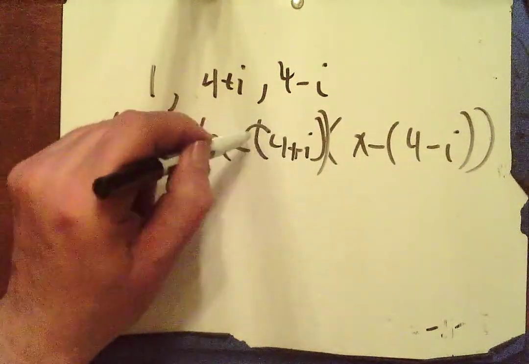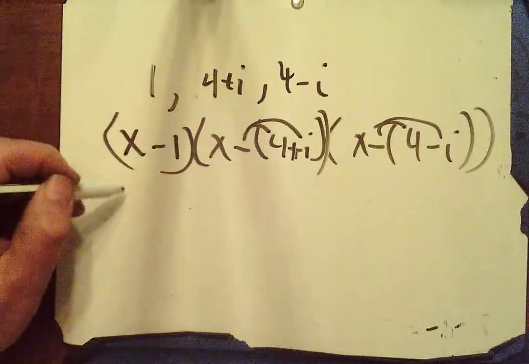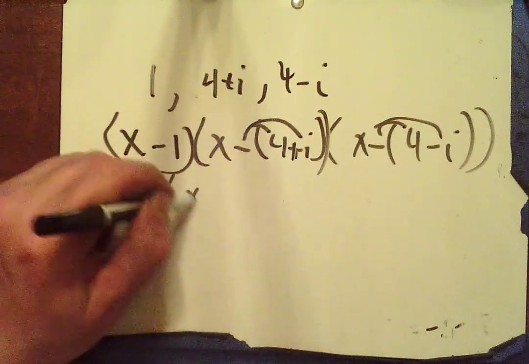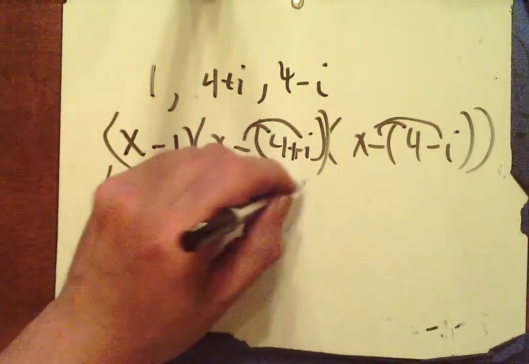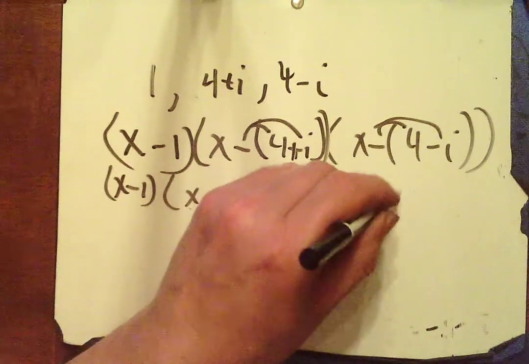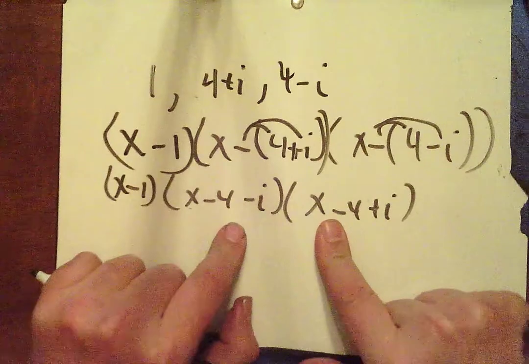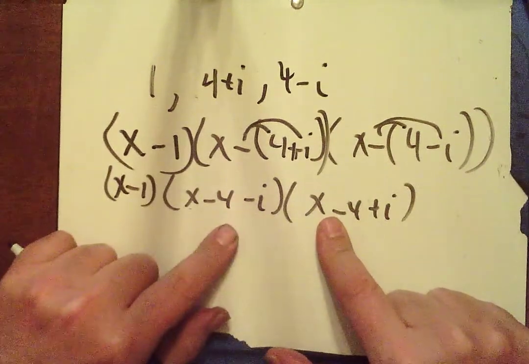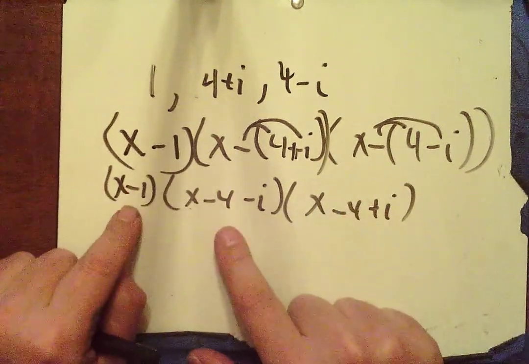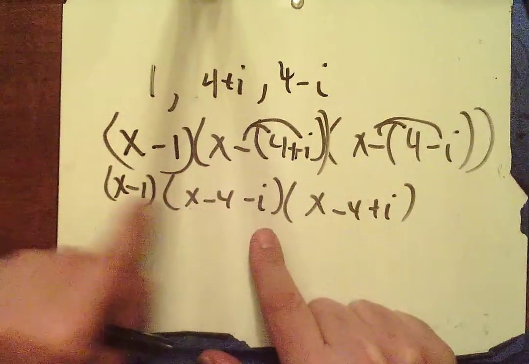Don't forget to distribute. And so we have x minus 1, x minus 4 minus i, x minus 4 plus i. Now, I'm a fan of doing these first, not because I want to get the hardest stuff done out of the way, just because it's a lot worse if you do these first.